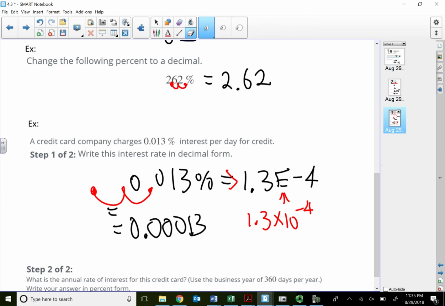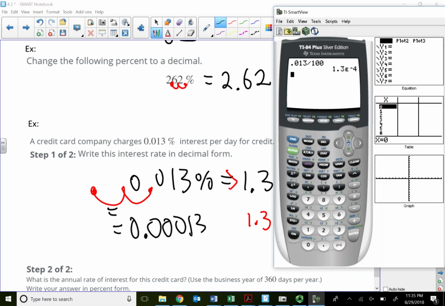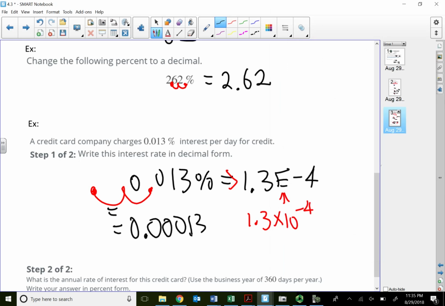That will also be exactly the same as when you see in the calculator 1.3e negative 4. That means I need to move the decimal that is between the 1 and 3 to the left 4 places: 1, 2, 3, 4. That leaves me with 3 empty slots, so put 0s in, then 1, 3. That's why my answer is equivalent.